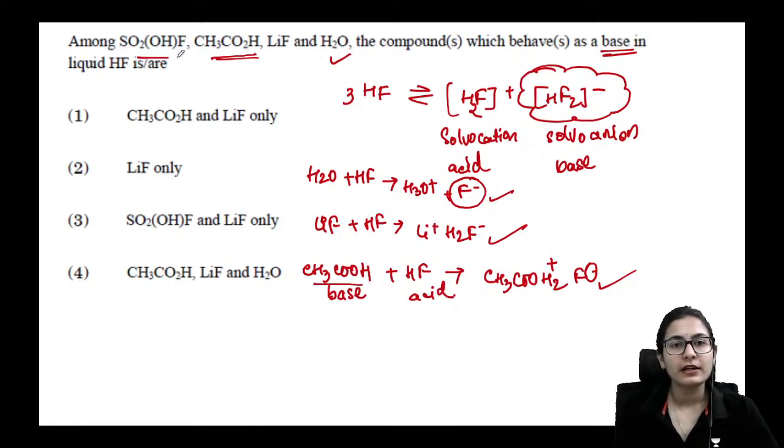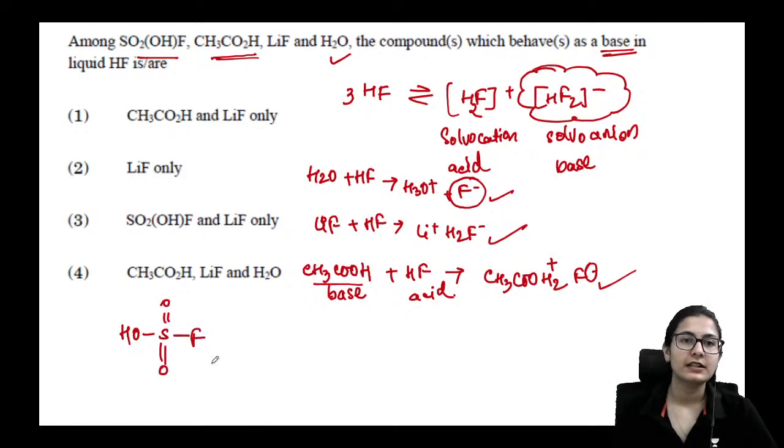What about this one? Yes, what do you have, guys? This is very, very simple. You can just draw the structure of this molecule. It is nothing but fluorosulfuric acid. Yes, it is fluorosulfuric acid. So fluorosulfuric acid is a stronger acid as compared to HF. Okay, सो ये क्या करेगा गाइस, ये जो प्रोटॉन है ये इसको दे देगा.